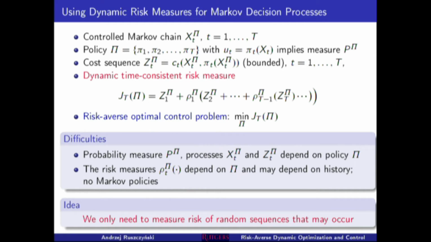Okay? And then, of course, what are the difficulties here, which are common for all problems of this type? The probability measure on the space of trajectories is a function of the policy. Therefore, all the spaces are indexed by this policy. The processes are indexed. The state process obviously depends on the policy. The cost process depends on the policy, obviously. So then the risk measures also depend on the policy.